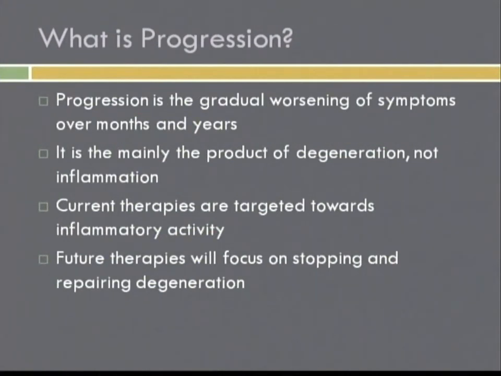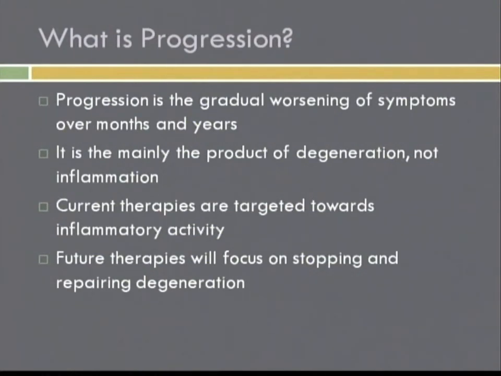So what is progression? Progression, instead of occurring over a couple of days or weeks, occurs over the course of months or years. This is the gradual worsening of symptoms. And instead of inflammation causing it, it's degeneration. So that's what we understand right now.